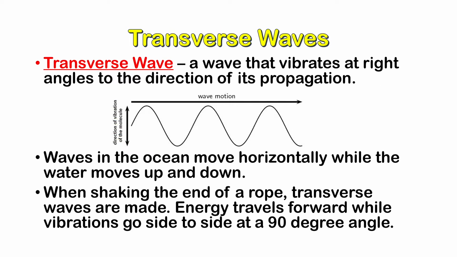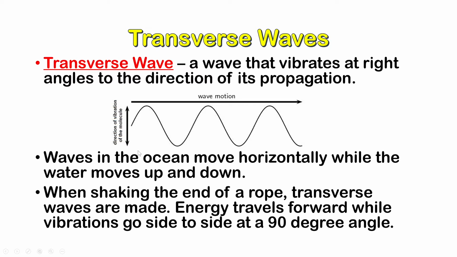All right, the first type of wave is a transverse wave. So this is a wave that vibrates at right angles to the direction of its propagation. Sounds a little technical, but it's pretty easy. So basically, the matter that the wave is traveling through, if we look at this image right here, you can think of it as the matter going up and down, up and down.